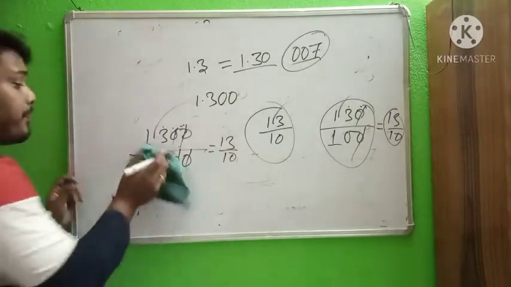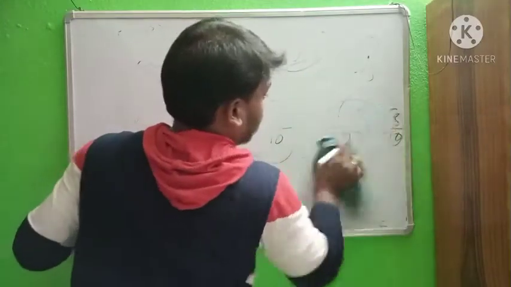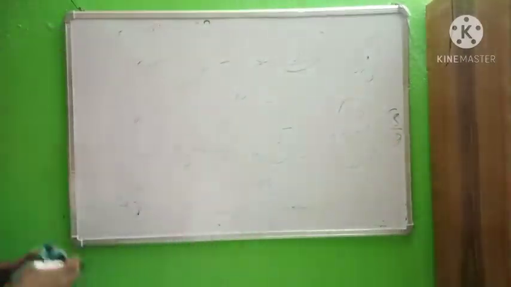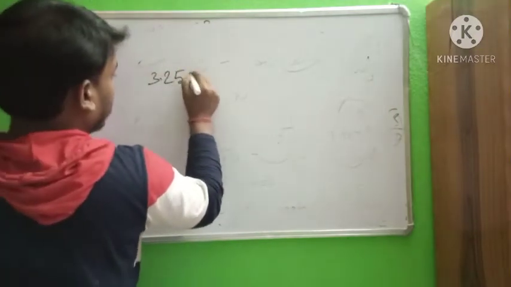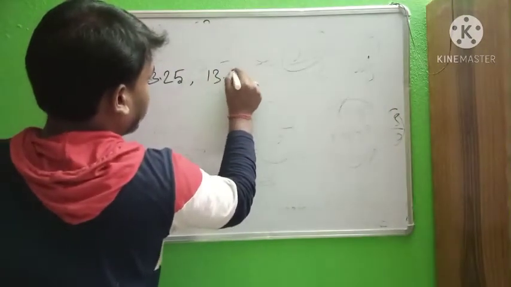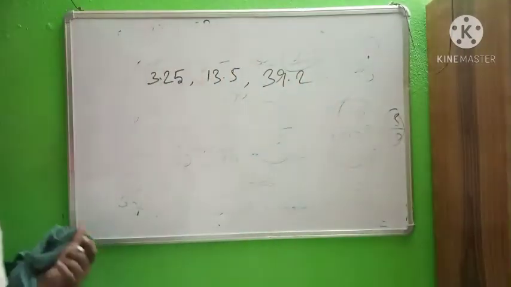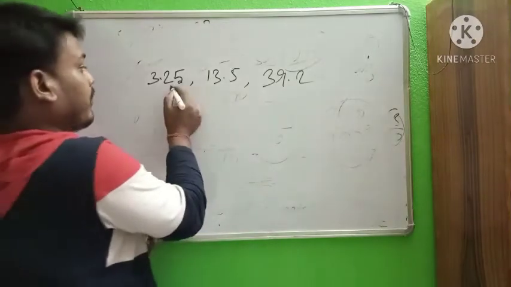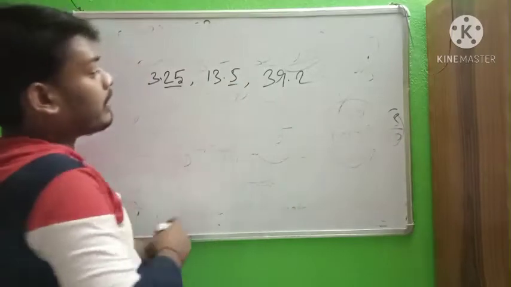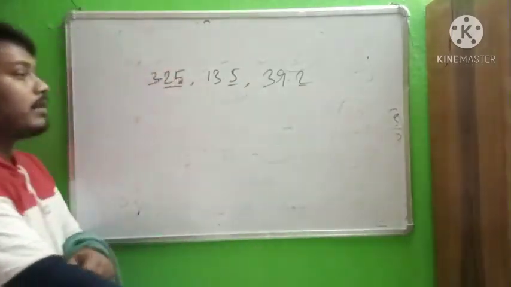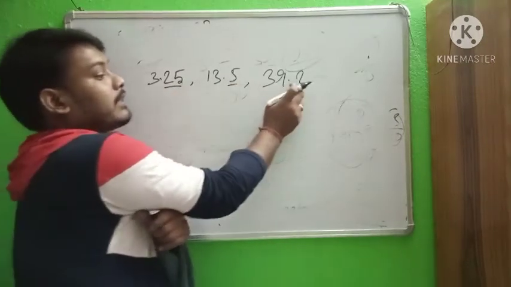Okay. Now came to the topic, how to convert unlike decimals into like decimals. 3.25, 13.5, 39.2. These are unlike decimals, because here 2 DP, here 1 DP, here 1 DP. Here two decimal places, here one decimal place, here one decimal place.